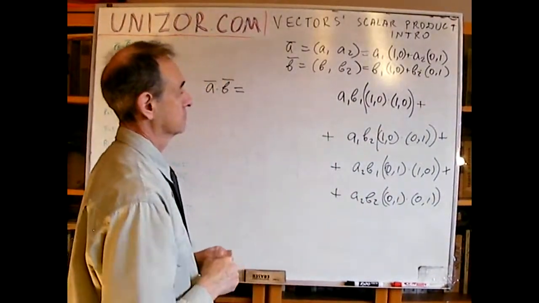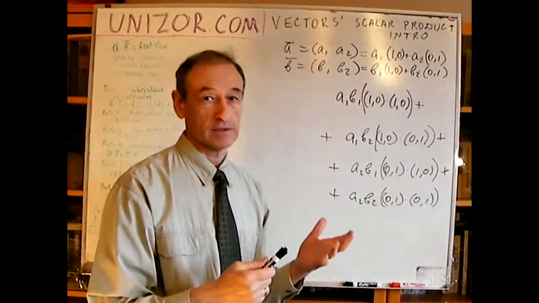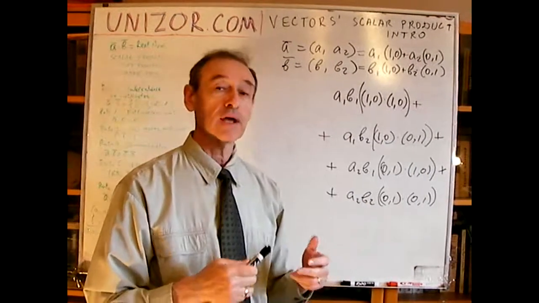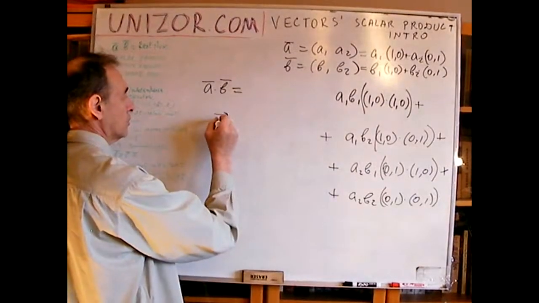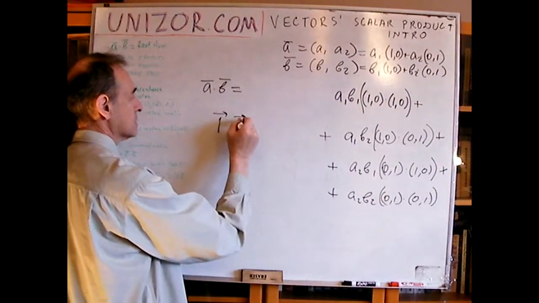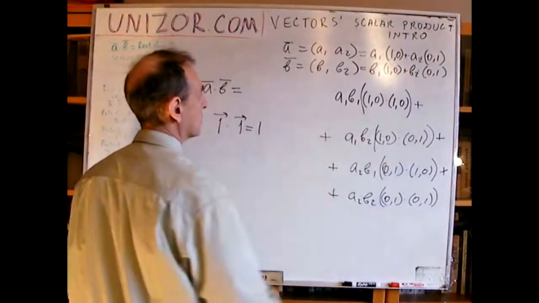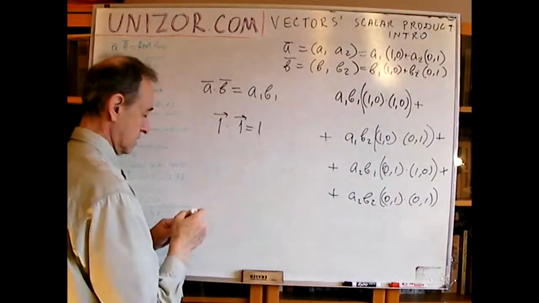Now, what is this? Well, it's a unit vector, a unit of length of 1, multiplied by itself, and one of the rules is, if you remember, unit vector multiplied by itself should give the result of 1, right? So instead of this, I can specify this. And that's it.